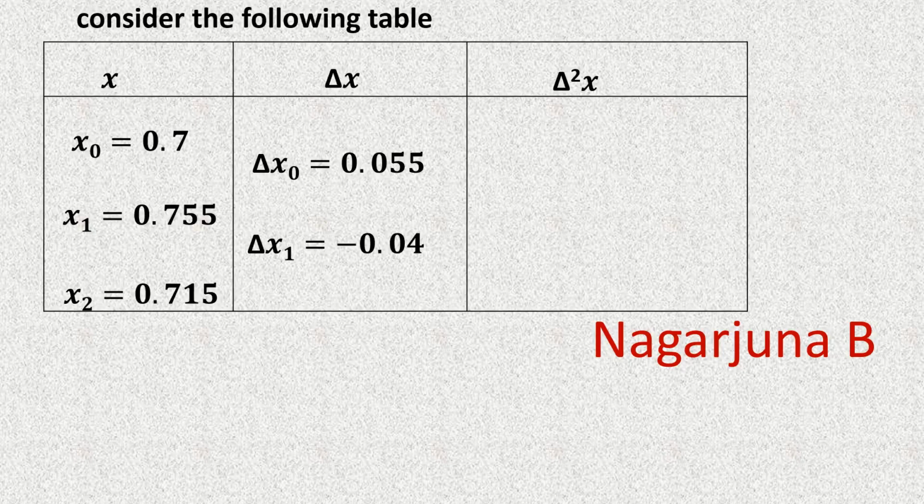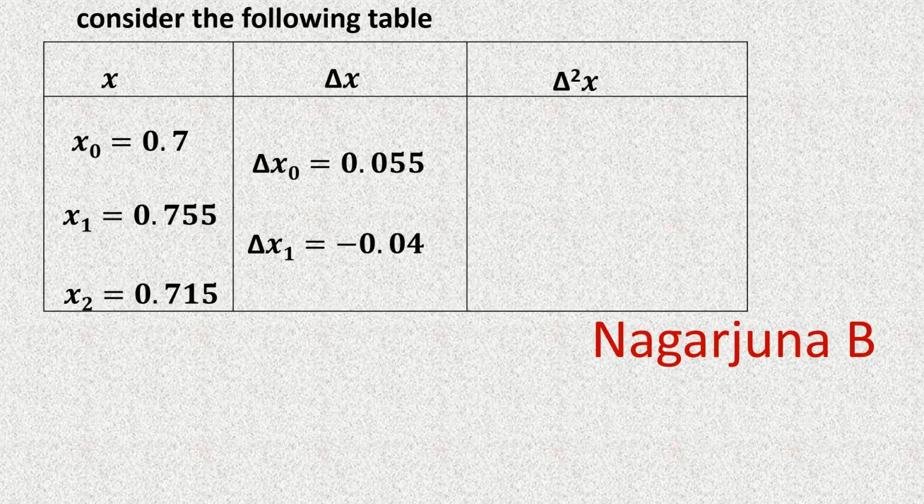This indicates that delta x0 is obtained by using x1 and x0, and delta x1 we have got by using x2 and x1, because delta x0 is equal to x1 minus x0 and delta x1 is equal to x2 minus x1. The next is the delta squared x. So delta squared x will be equal to delta x1 minus delta x0. Delta x1 is minus 0.04 and delta x0 is 0.055.